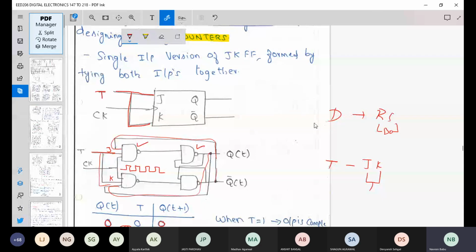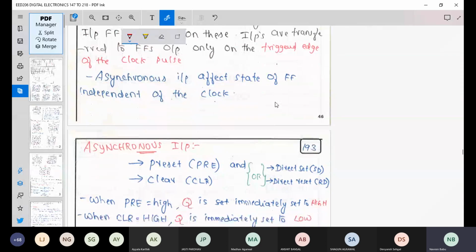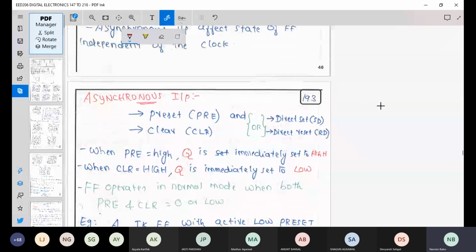So in order to bring better control to our flip-flop, if you draw a block diagram of a JK flip-flop, what are the inputs we have? We have a J input, a K input, a Q input, and a Q bar input, and in addition to that, we have a clock input, right? This is how your Q and Q bar is.